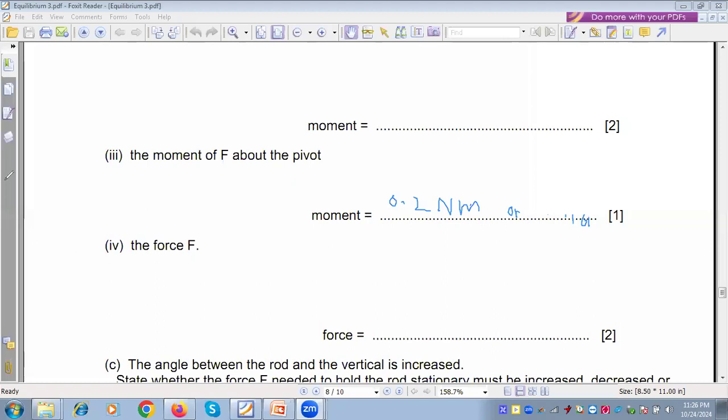What is the distance of F? We will have to have a look at the distance. Anyhow, F into D is equal to 0.2 or 0.196.